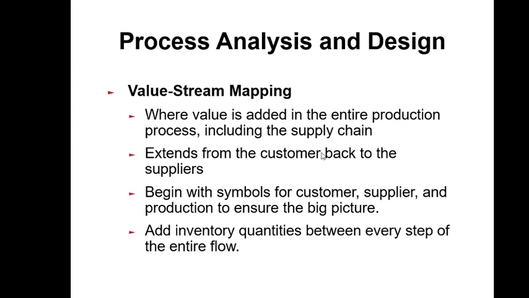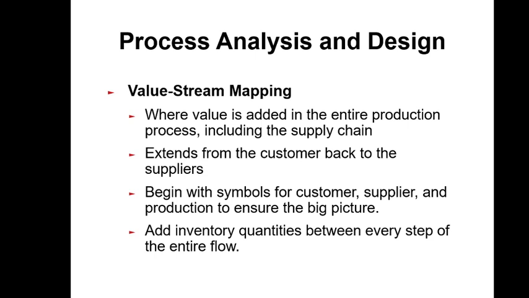It will show us how the value is added from one activity to the next, starting from the customer and ending with the customer. You will see now, it's like the supply chain. You know, in each step in the flow chart, there will be a value added.